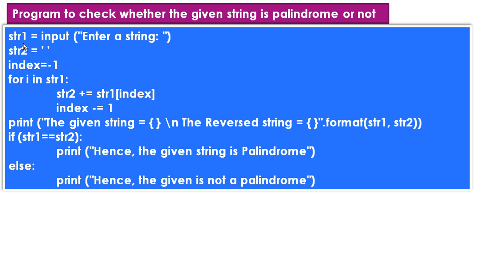Here is an example program. str1 equal to input, enter a string. So a string is taken from the keyboard and assigned to str1. str2 is initialized with the blank character. Now the index value starts from -1, a negative index.